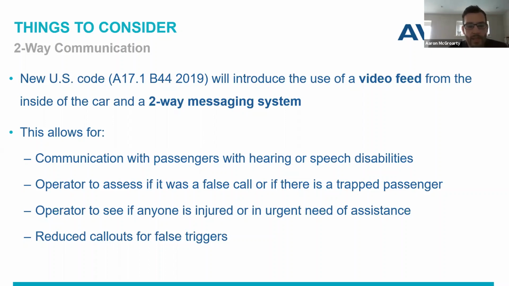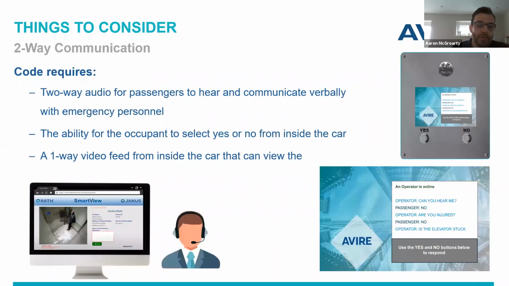Everyone will know that there have been regular occurrences where someone presses an alarm call by accident, or they leave the elevator and that causes someone to go there to check if someone is trapped or has passed out. So the ability to see inside the car is very important, so you can assess the situation properly, but the ability to answer yes and no is also important.